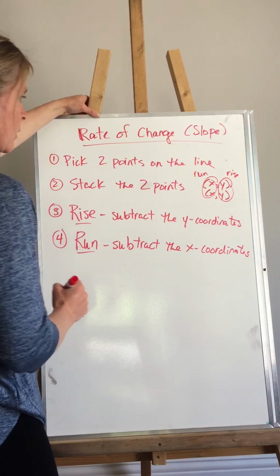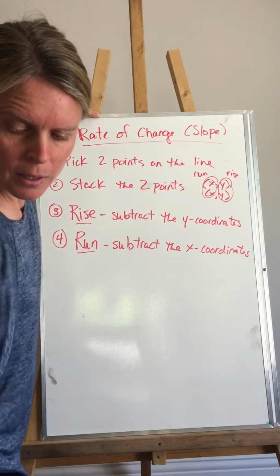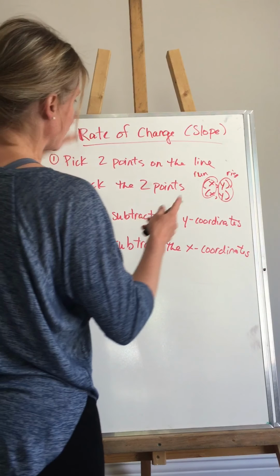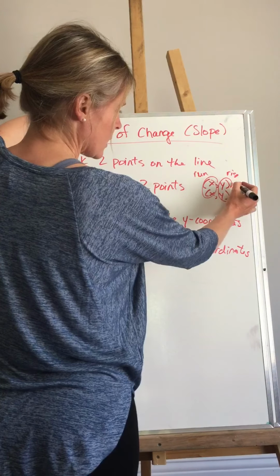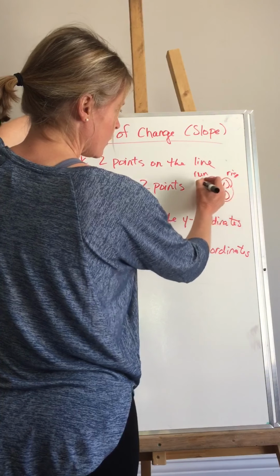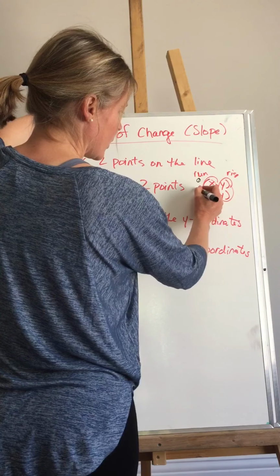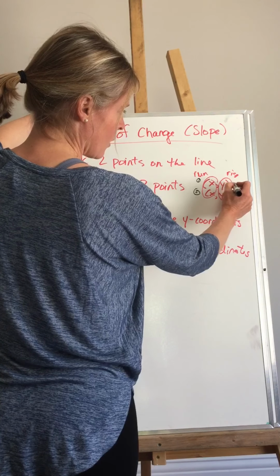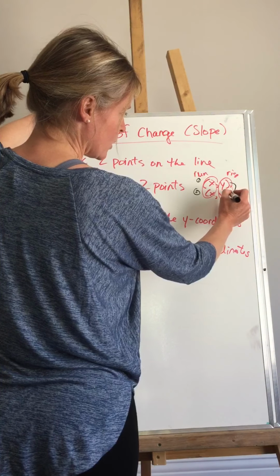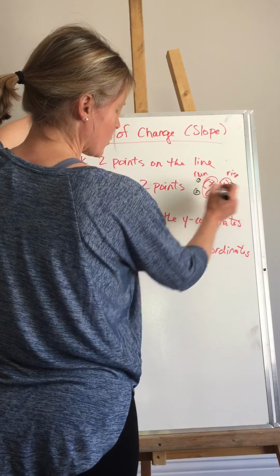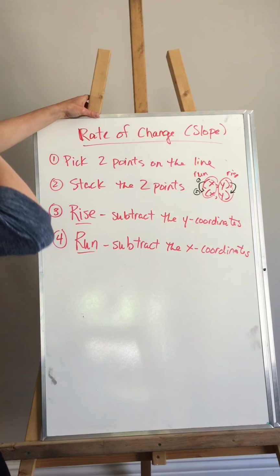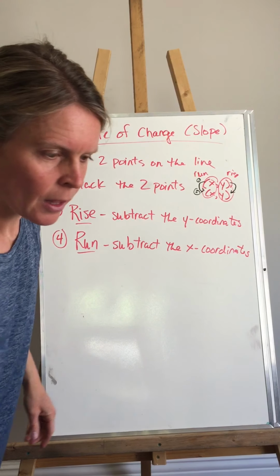Okay, recall what I said last time as well, that when you are figuring out your rise and your run, if you've decided to subtract, say this is point 1 and this is point 2, okay, if you've subtracted the y coordinate of point 2 from point 1, okay, so subtracting that way, you have to subtract in the same order for the x coordinates, okay?